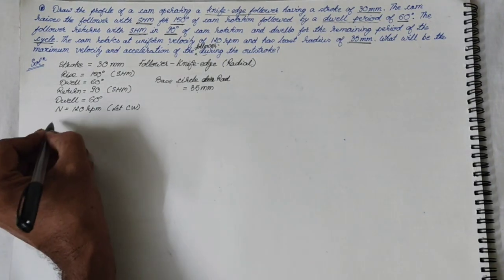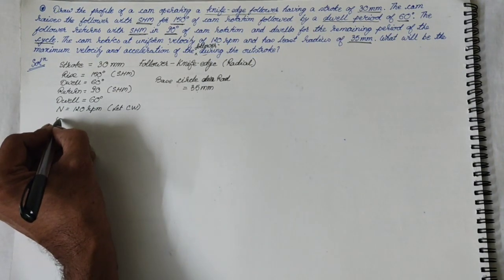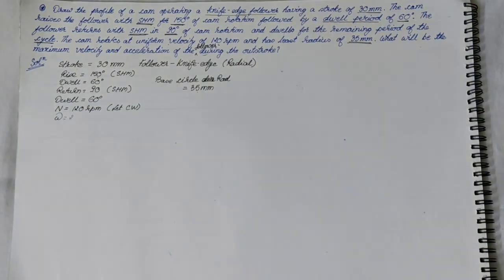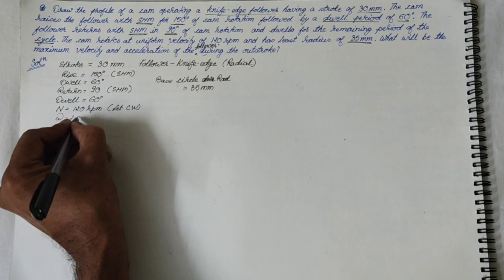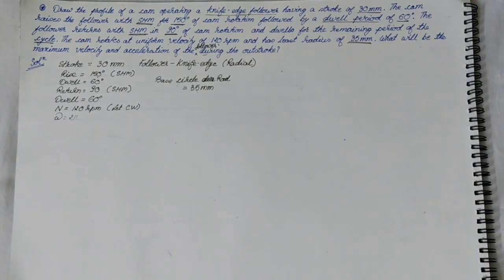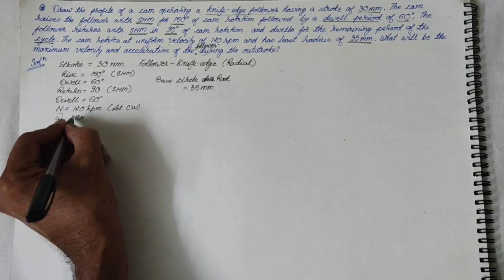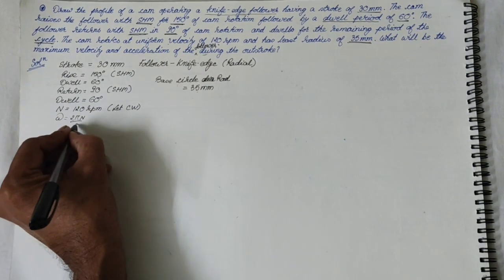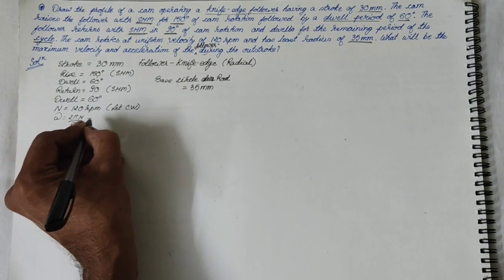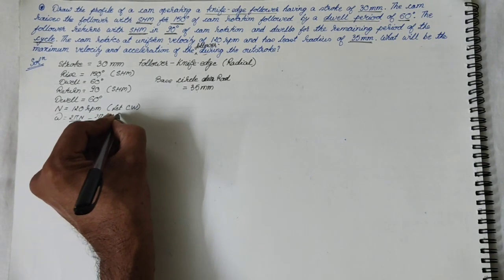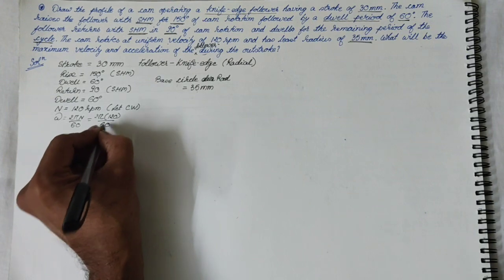So for that, I'll have to first find out the angular velocity. So it will be 2 pi n by 60. So that will be 2 pi into 120 by 60.